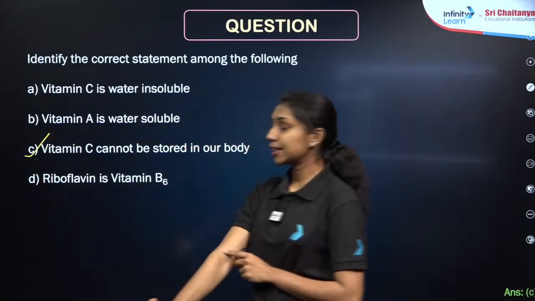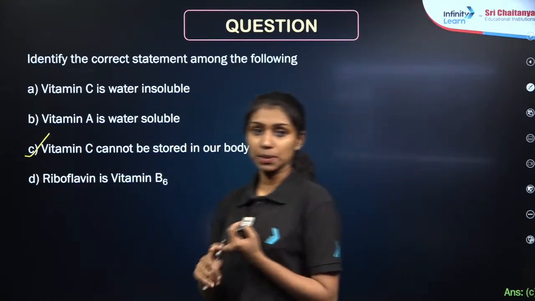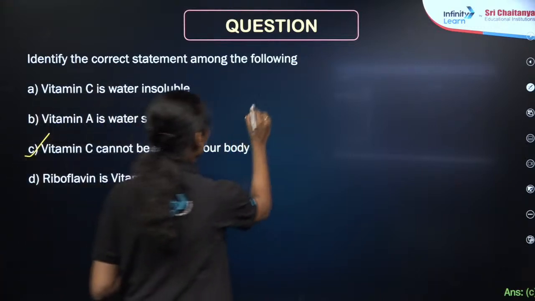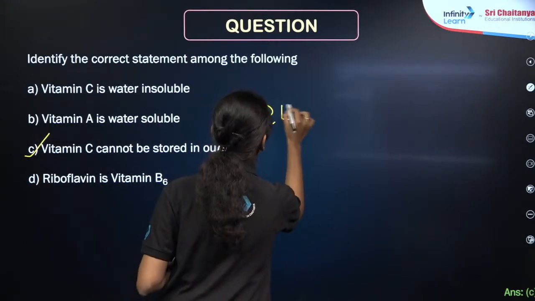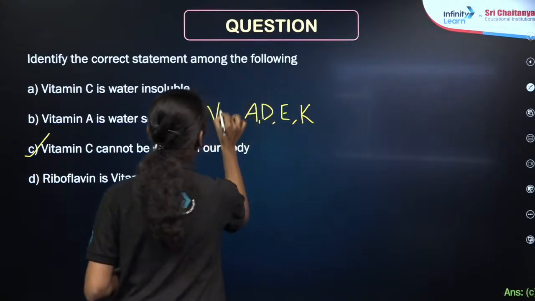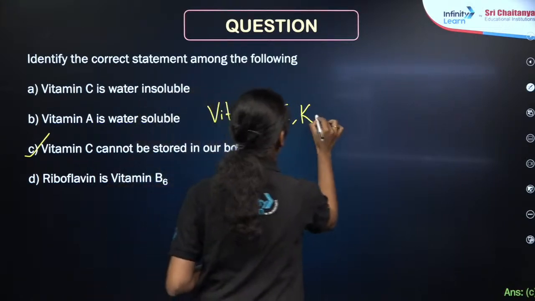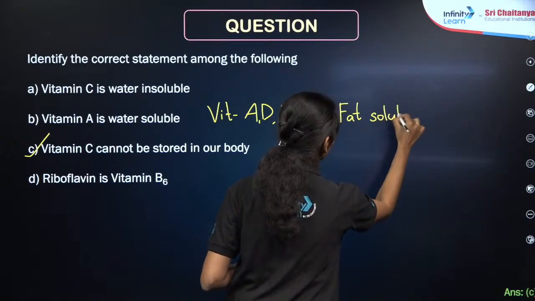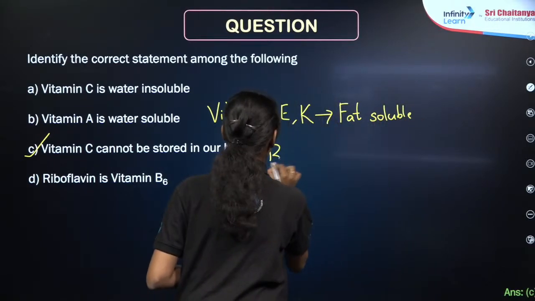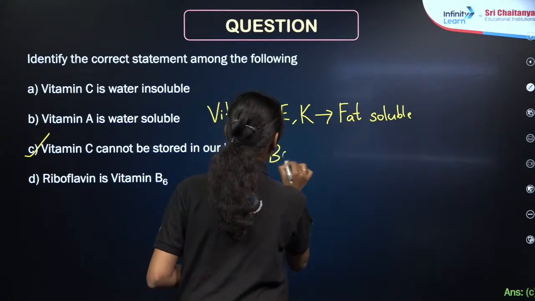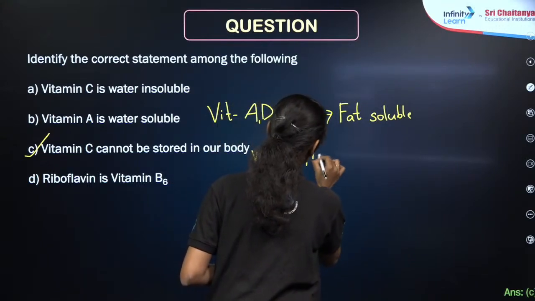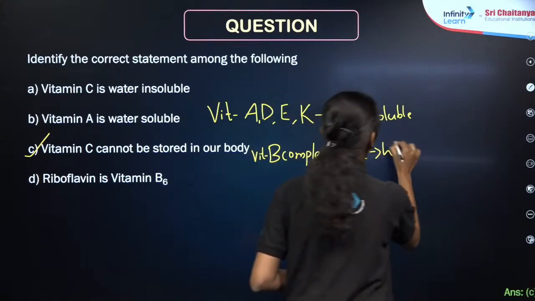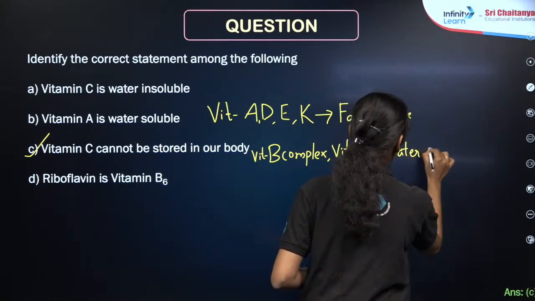So we have already seen the fat soluble and water soluble vitamins. Vitamins A, D, E, K are the fat soluble vitamins, right? Then vitamin B complex and vitamin C are the water soluble vitamins.